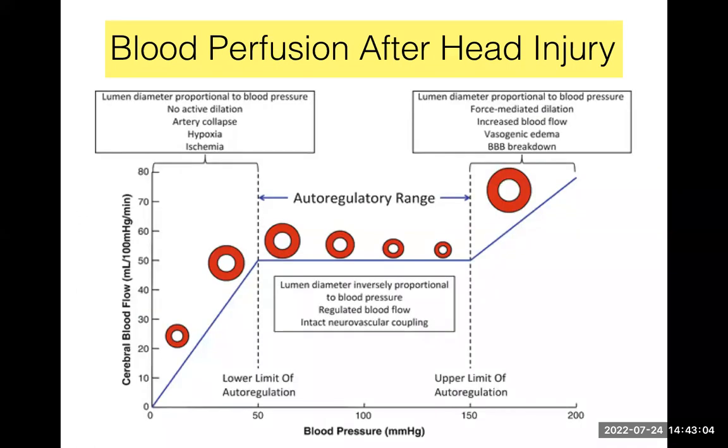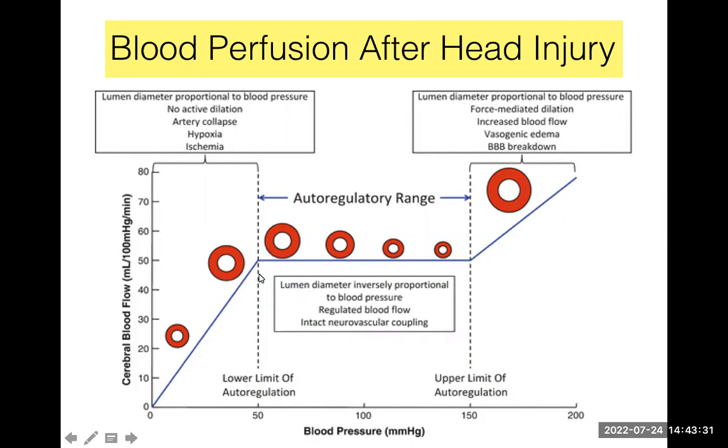For clinical purposes, cerebral perfusion pressure, or CPP, is defined as the mean arterial blood pressure minus intracranial pressure. Or we can also say CPP is equal to MAP minus ICP. A MAP of 50 to 150 millimeters of mercury is autoregulated.